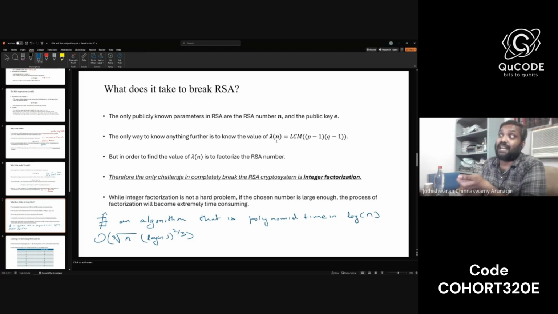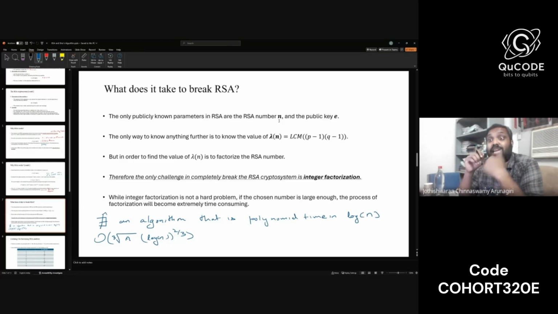In this case, I know n has only two factors. So if I find another number with whom the GCD is not equal to 1, then that number definitely contains a factor of my number n. So in linear time, by just performing the GCD algorithm, which is your Euclid's algorithm, which is again a very efficiently implementable algorithm, I can solve the factorization problem.